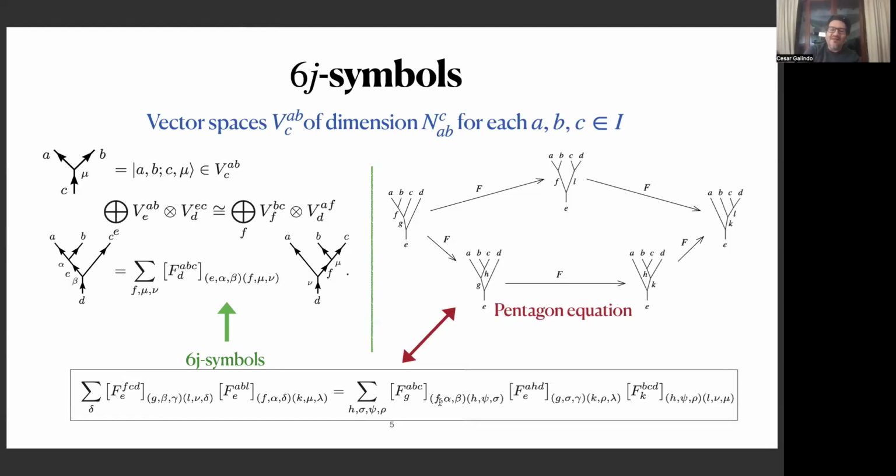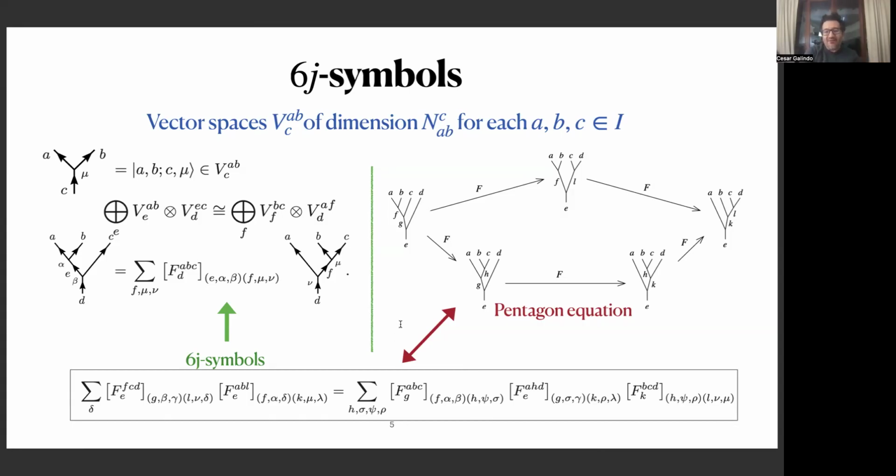The idea is that if you fix a fusion rule, then you have these equations, and a solution of these equations really gives you the whole information that you need in order to recover the fusion category, basically.